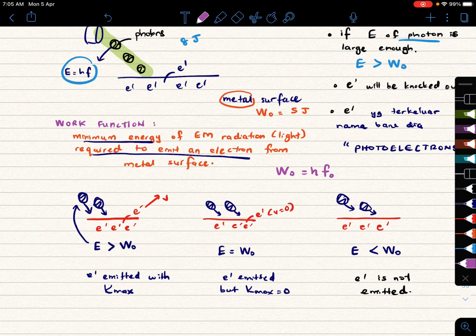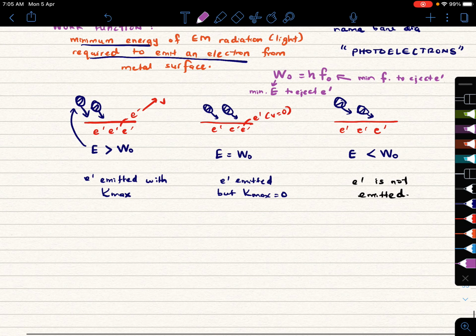So work function kita cakap W0 ni adalah minimum energy, F0 ni adalah minimum frequency. Minimum frequency needed to eject electron, sama juga minimum energy to eject electron, okay.